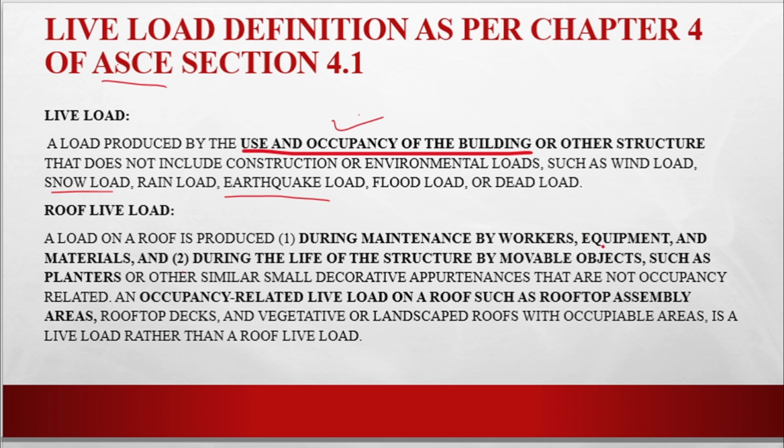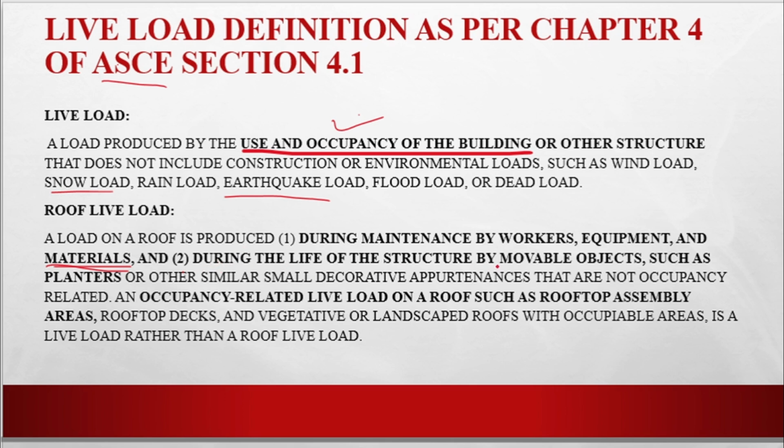Also equipment like a generator, water tank, or any other equipment, and material such as waterproofing on the roof. For that, the code also describes the minimum live load to be considered on the roof.